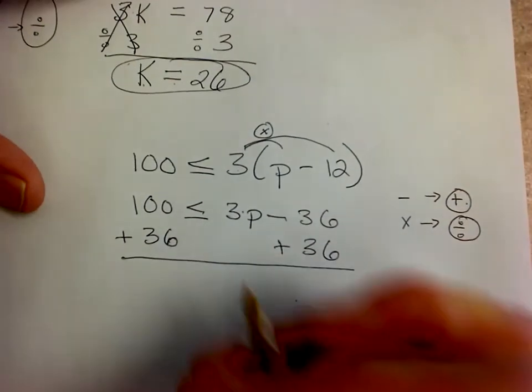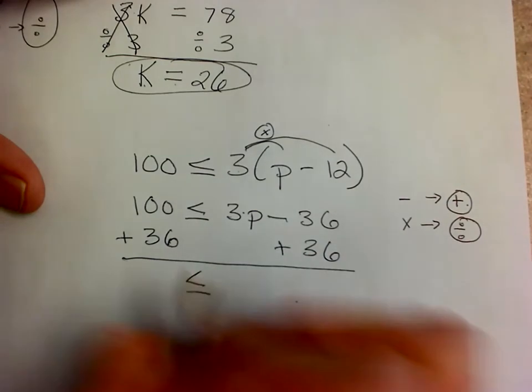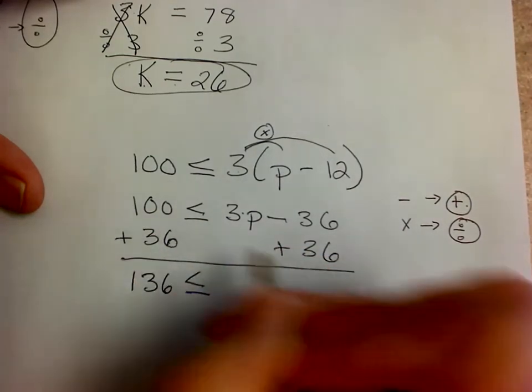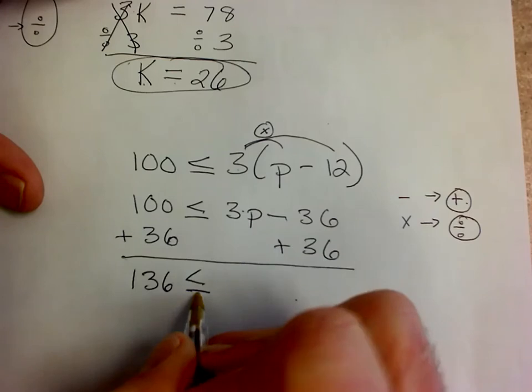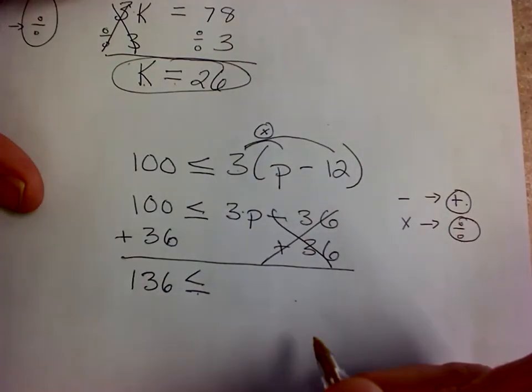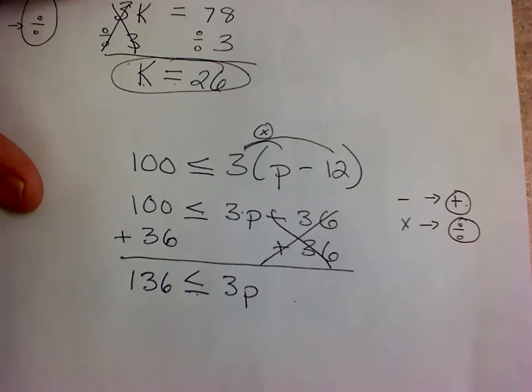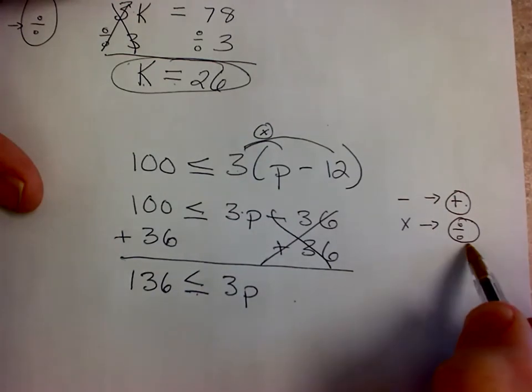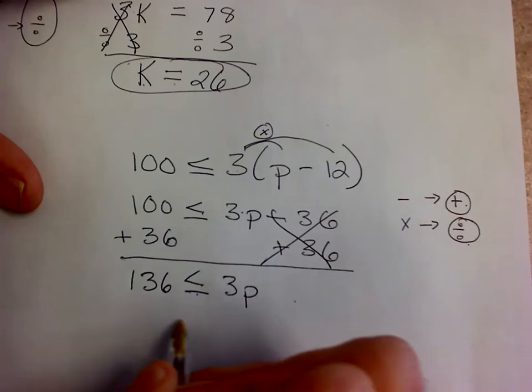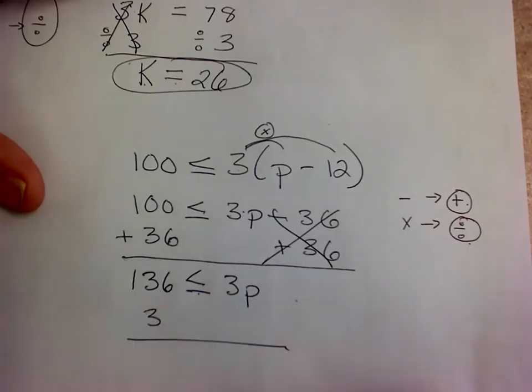Add 36 to both sides. 100 plus 36, inequality symbol. The 36s cancel each other out. We're left with 3p. We established that our second step would be to divide, moving our numbers away from the variable.